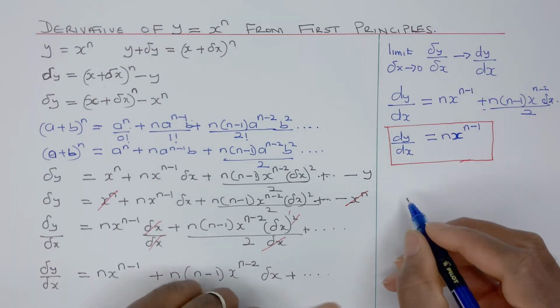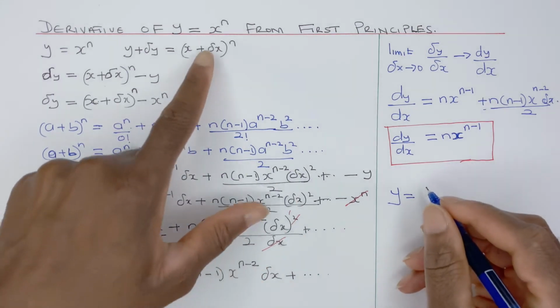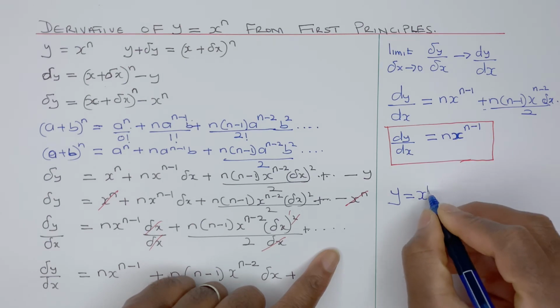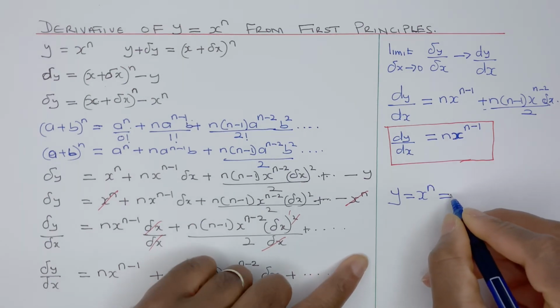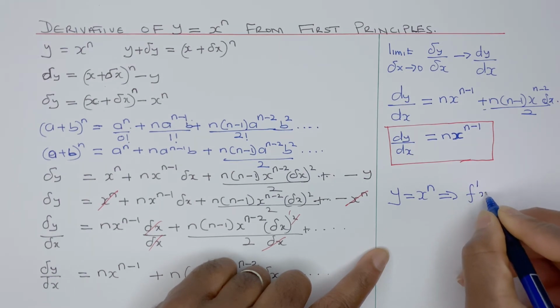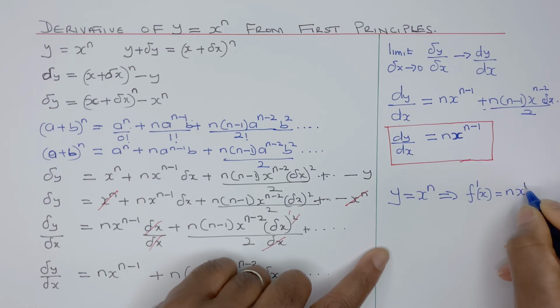So whenever we see a function where y equals a polynomial function, where x to the power of n, and we need to find the derivative of that, that's f dash x will be n x to the power n minus 1.